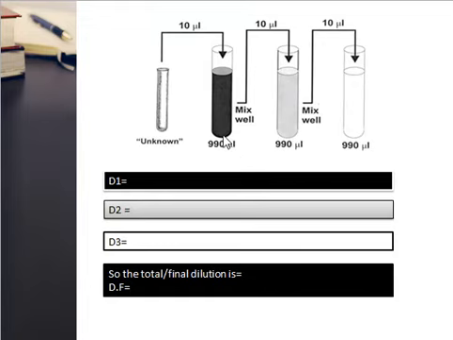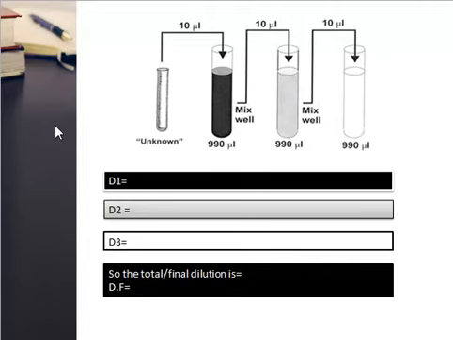After mixing, 10 microliter from tube 1 is transferred to the same amount of diluent in another tube, and then after mixing, 10 microliter from the second tube is transferred to the third tube that also contains 990 microliter of diluent. This is how the dilution increases and the concentration decreases by the same quantity in each successive step.